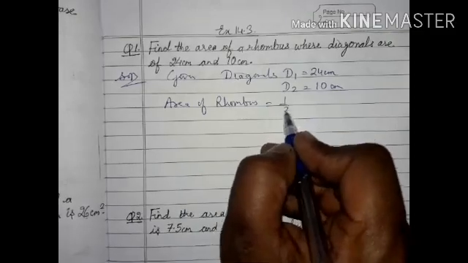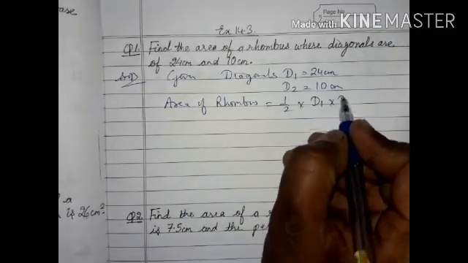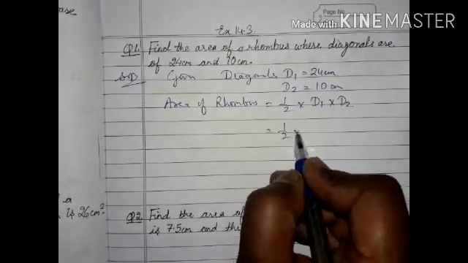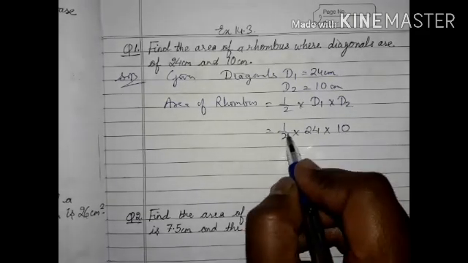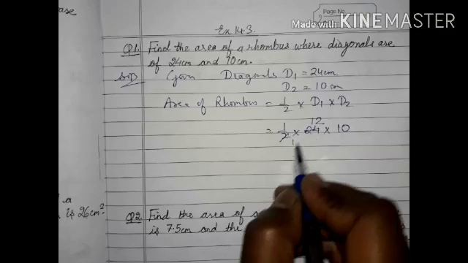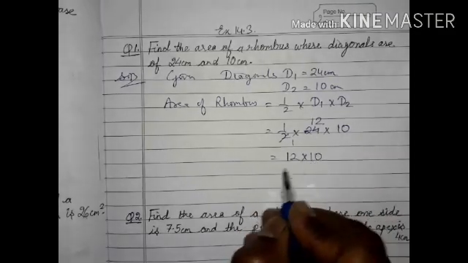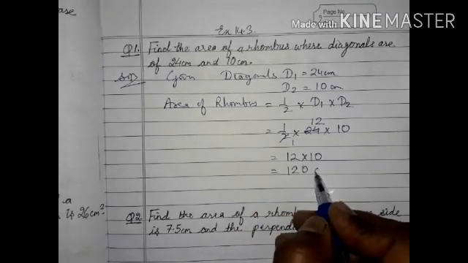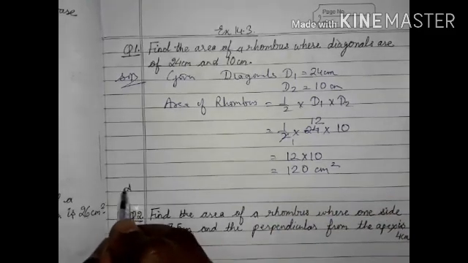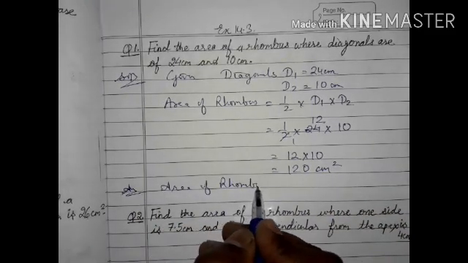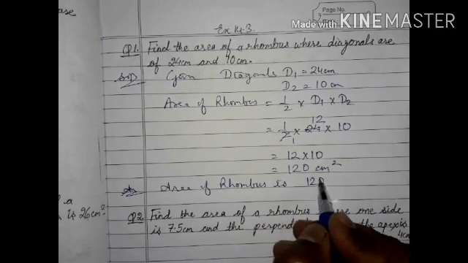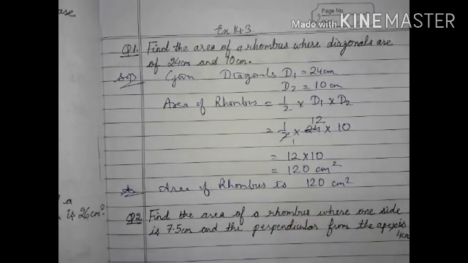The formula is half into D1 into D2. Put here the values: half into D1 24 into D2 10. 2 1s are 2, 2 12s are 24. 12 multiplied by 10 is 120 centimeter square. So your answer is: area of rhombus is 120 centimeter square.